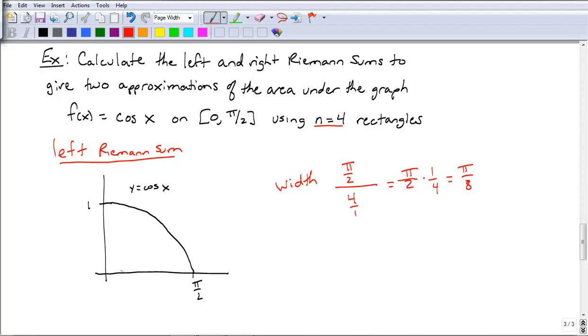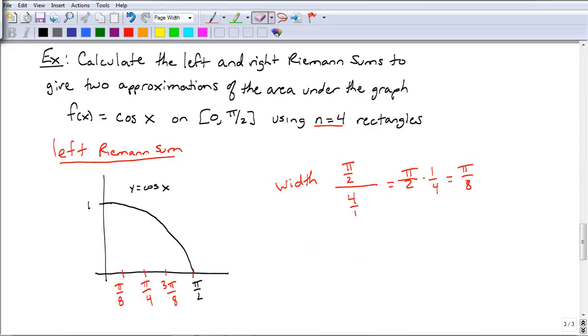So my endpoints are pi over 8, 2 pi over 8, 3 pi over 8, and 4 pi over 8, which is pi over 2. I'll write them in here. 2 pi over 8 is pi over 4, 3 pi over 8, and 4 pi over 8 gives me pi over 2.